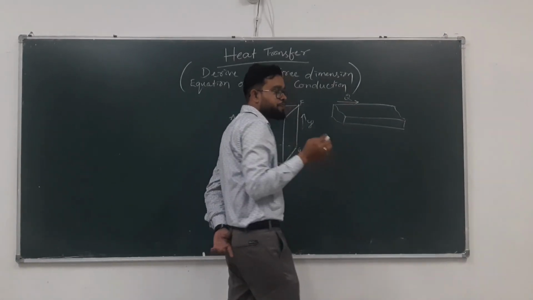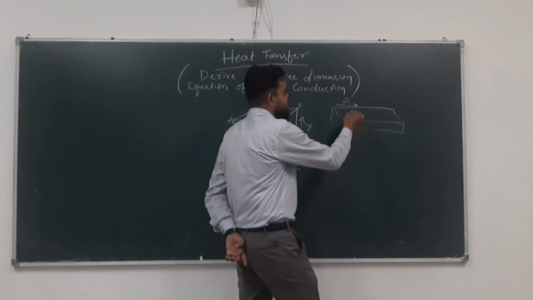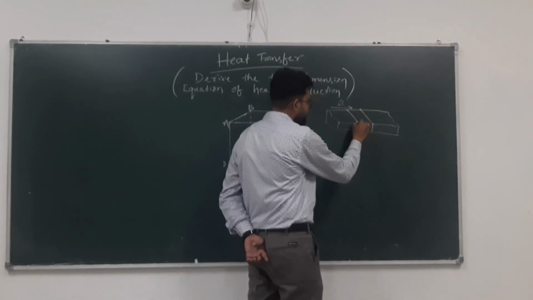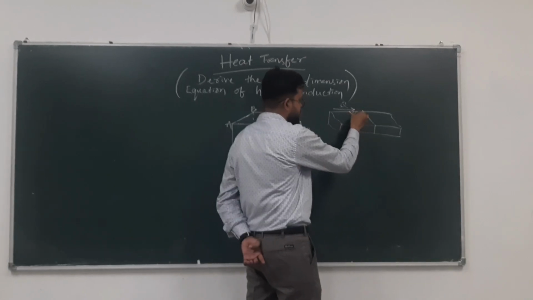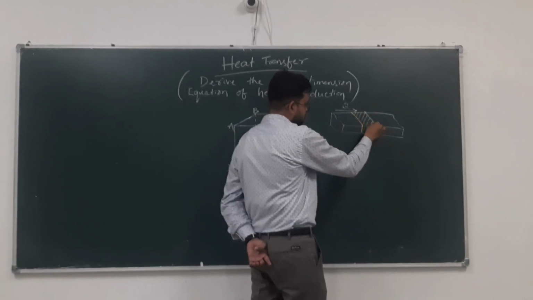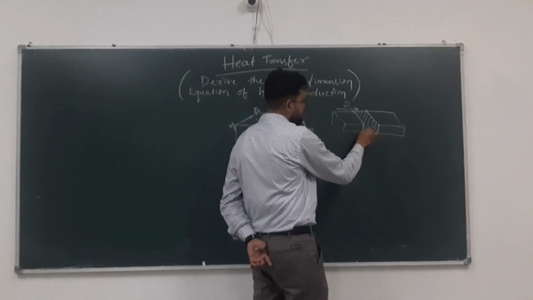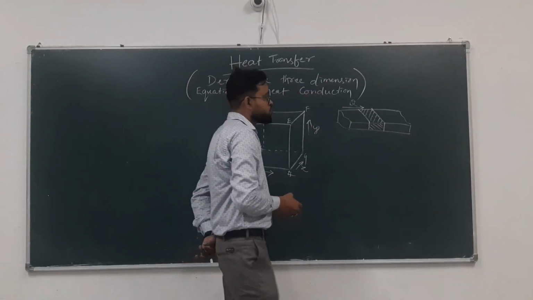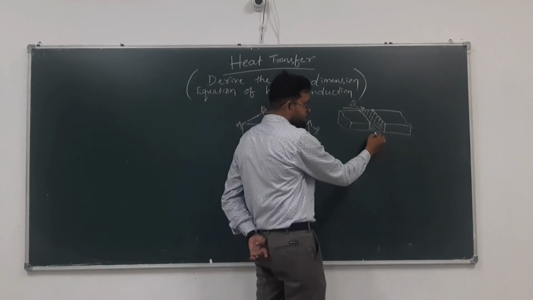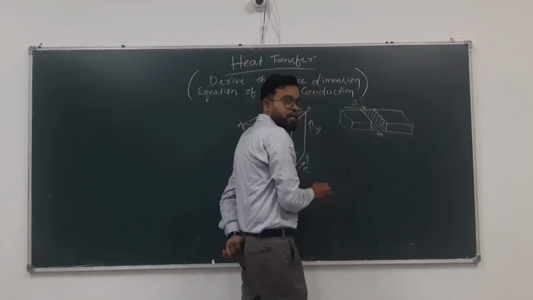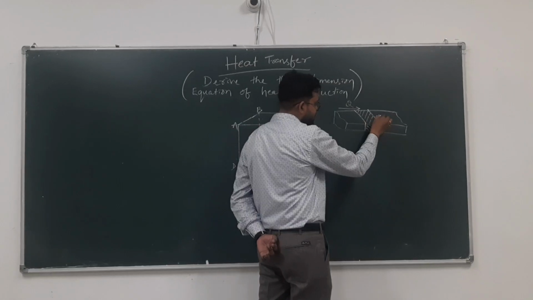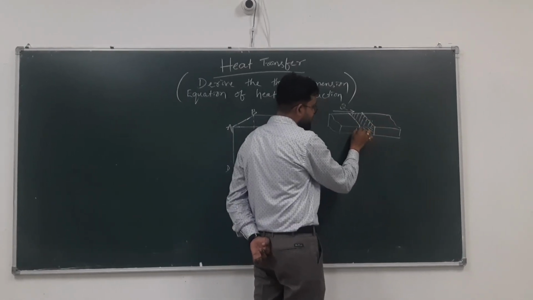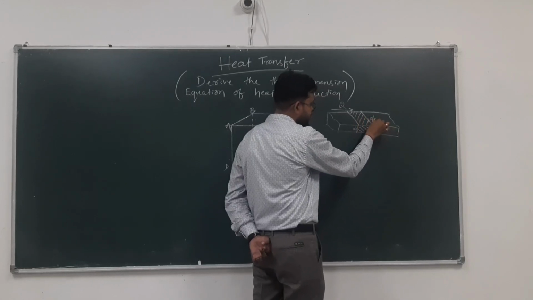We will take a piece of metal from the bar, from where we will derive the equation. The dimension of this piece is dx in x direction, dy in y direction, and dz in z direction.